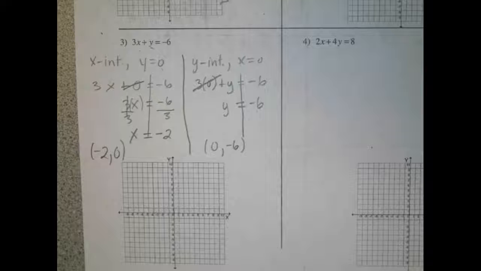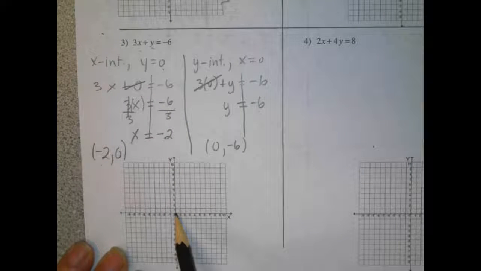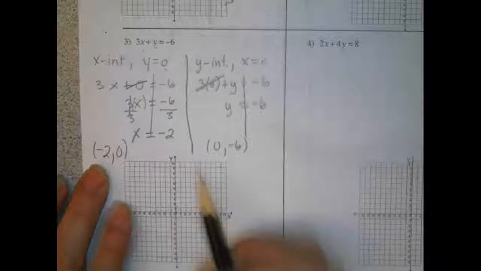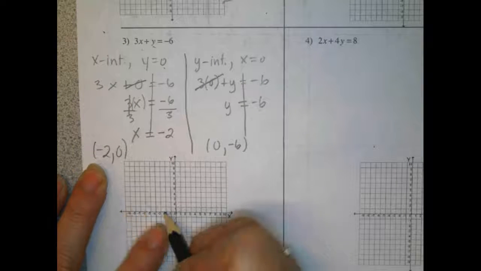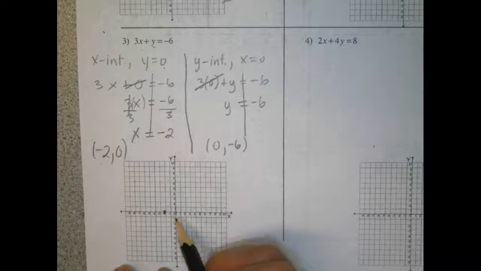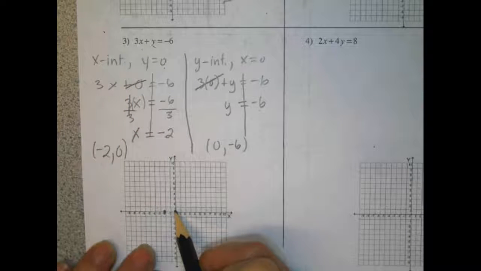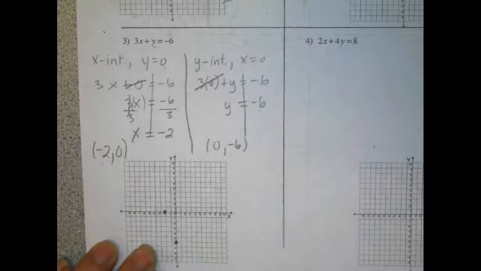So I can graph them, right? Let's graph it. From my point of origin, x is negative 2, so I'm going to go left 2, and y is 0, so I don't move up or down. There's my first point. Back to my point of origin, x is 0, so I don't move left or right. But my y value is negative 6, so I'm going to go down to negative 6, and there's my new point.